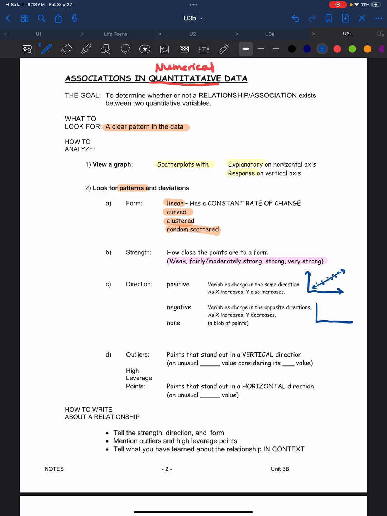Versus if you were looking at a set of data and as the explanatory variable increases, the response variable decreases. Think about having a negative slope. That would tell me that there is a negative direction within that data. And we would say there was no direction if there's no slope, or you just have a blob of things happening.